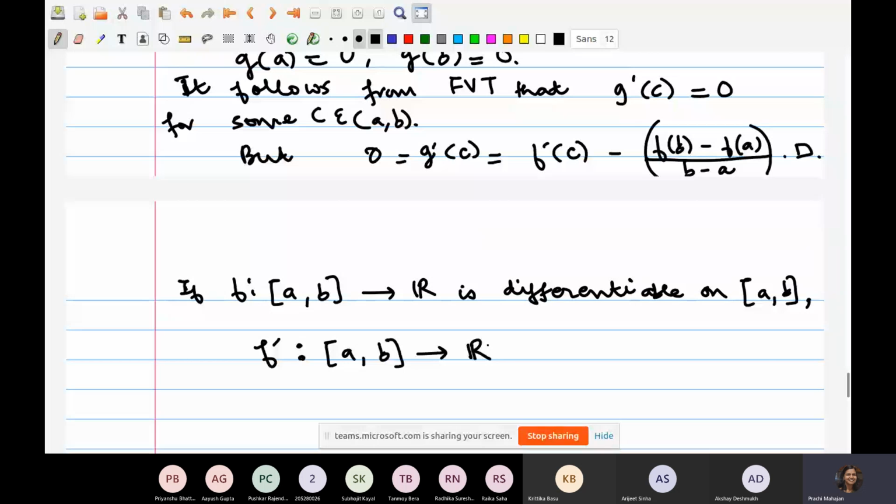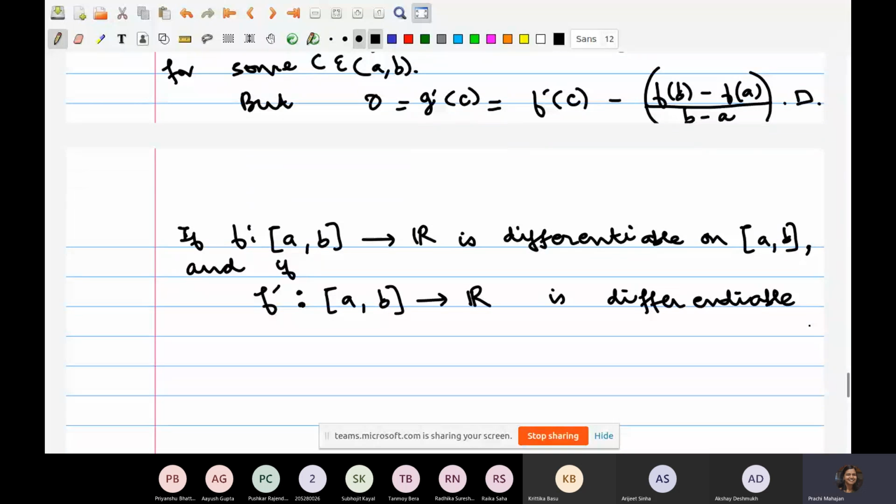Now suppose further that the derivative of f is again differentiable on a subset E of [a, b].